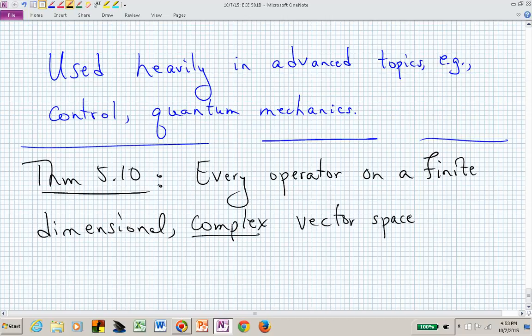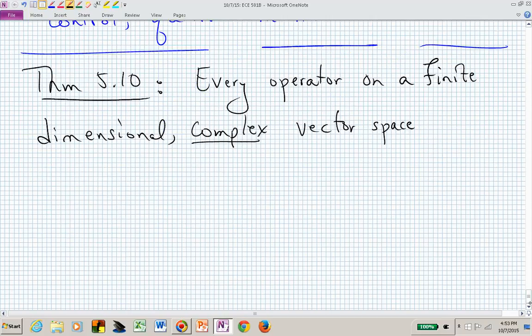We're not talking about a real vector space. Now we've expanded that notion to be dealing with complex vector spaces. And if you're tweeting this, that's FDCVS.